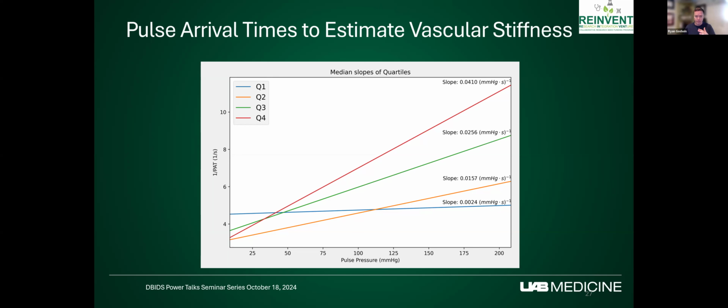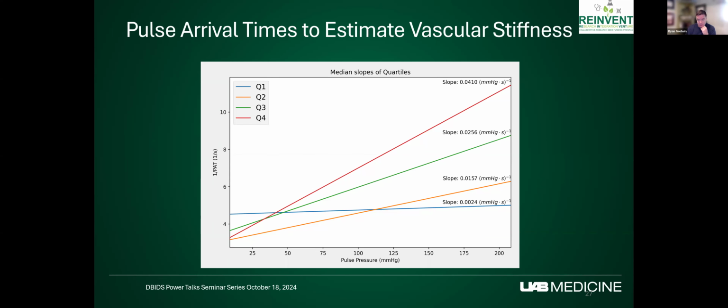So there are some that have large change in the inverse of the pulse arrival time as you see the changes in the pulse pressure. And then there are some that have a relatively flat curve. So this sort of represents our spectrum of the characteristic profiles that we're getting from patients.